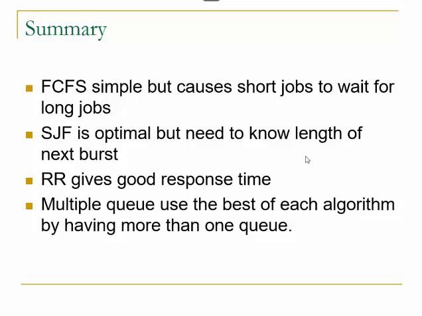So here is the summary. First come first serve is simple but causes short jobs to wait for long jobs. If a long job arrives first, then shorter jobs have to wait. There is no other way to execute. Then shortest job first is optimal, but we need to know the length of the next burst.